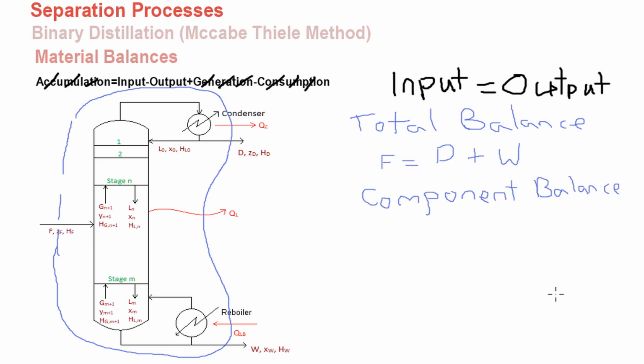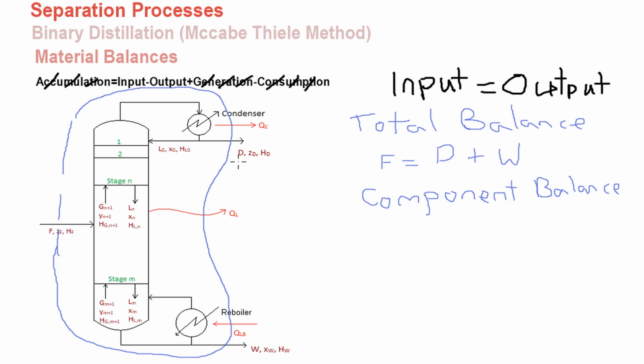The second material balance that you may want to write is the component balance. Now, given that this is a binary distillation system, you expect there would only be 2 components, so therefore you can write the balance for either component. In this case, we have a flow rate F, with the most volatile component composition of ZF.